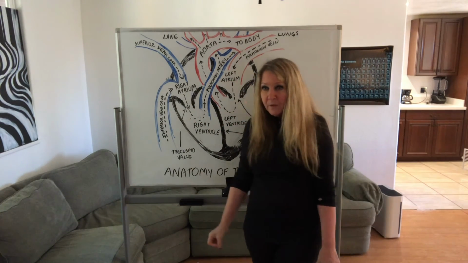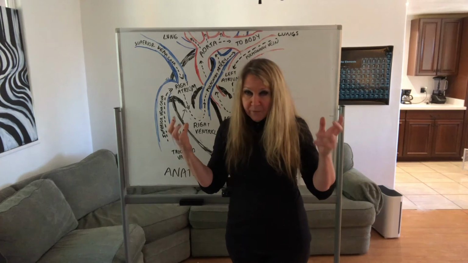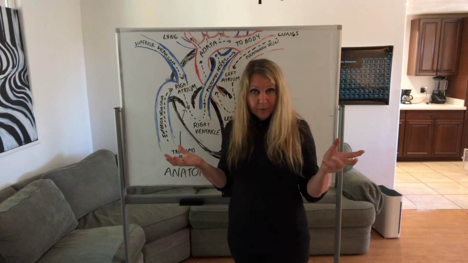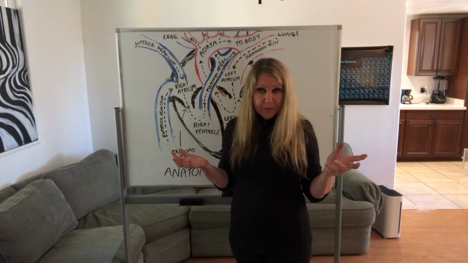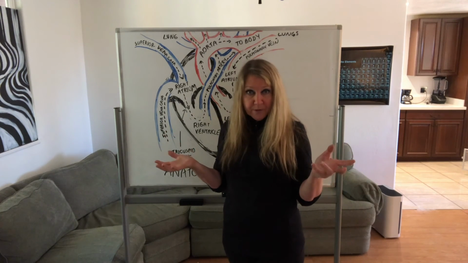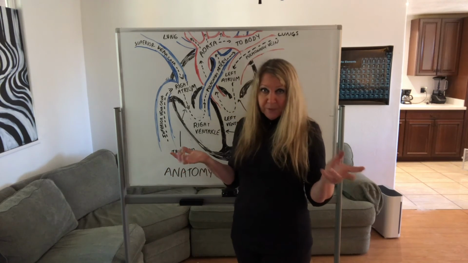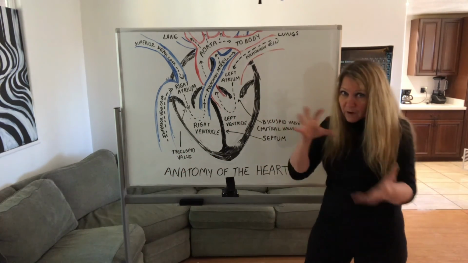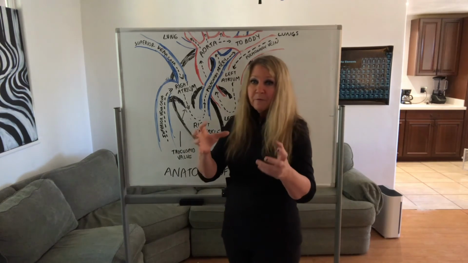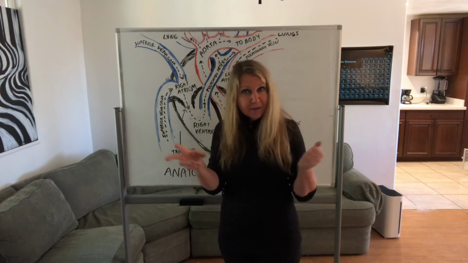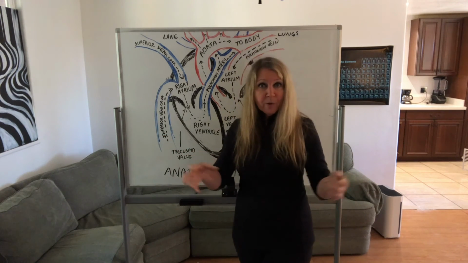And one of the biggest, actually the biggest killer is heart disease, and it's coronary artery disease. What happens is the arteries that are around the heart get filled up with plaque, which is caused by fatty deposits, cholesterol.